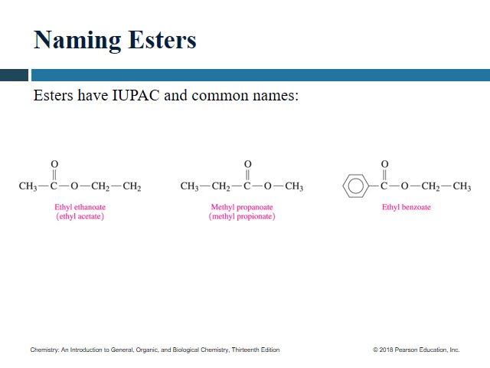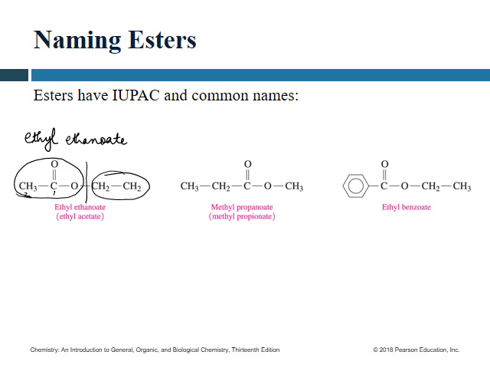So we break the ester right here. This becomes my alkyl, which comes first. What is this alkyl group? 1, 2, perfect, 2 carbons, so it is ethyl. And then this is my carboxylate, which is also how many carbons? 1, 2, so this is ethanoate. Ethyl ethanoate.